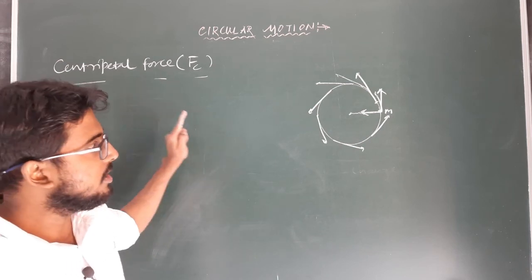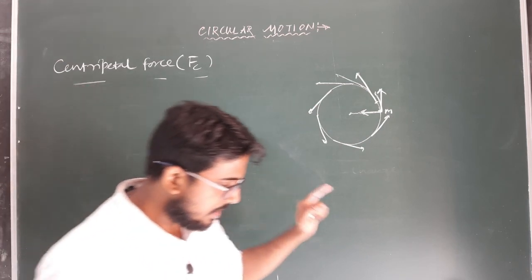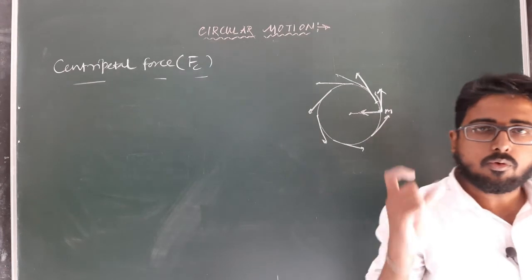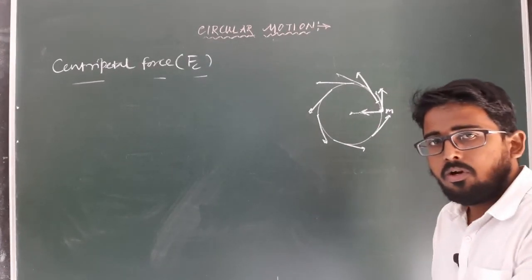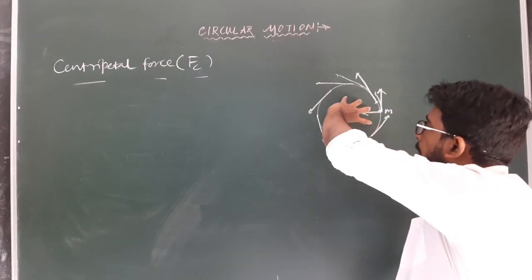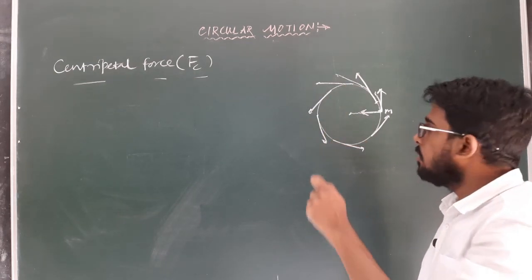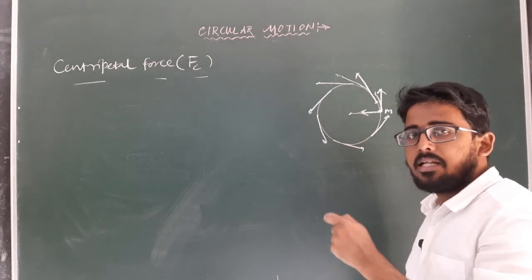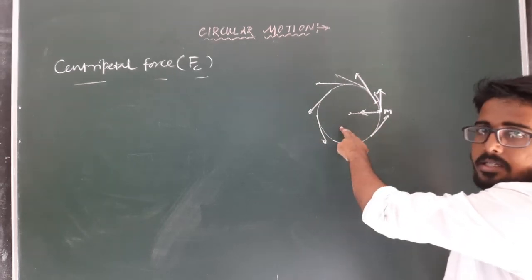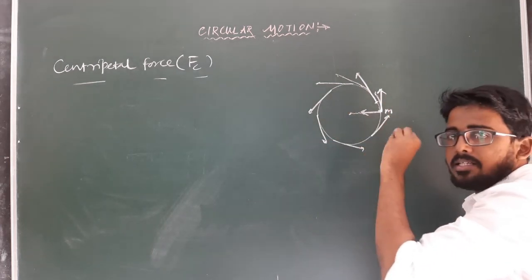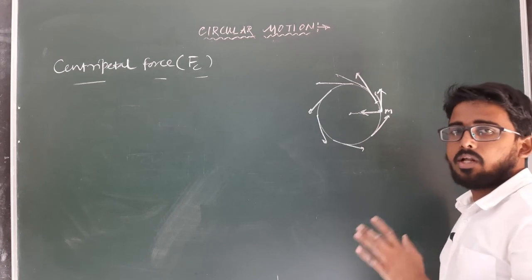Clear? So centripetal force is the force which is responsible to maintain the circular motion of a body, or to provide the required centripetal acceleration to a body, because centripetal acceleration is a must for circular motion.